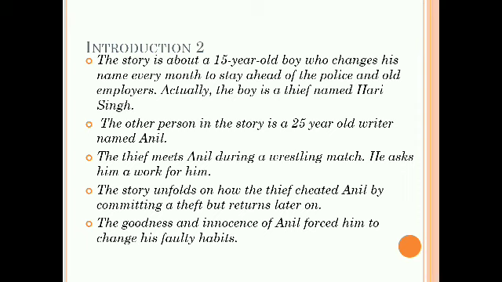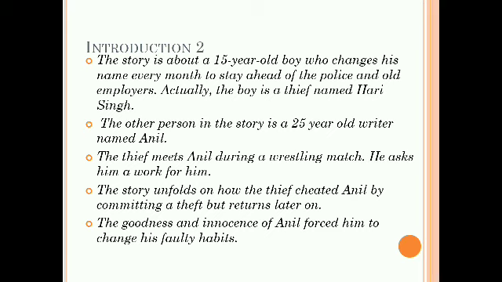So in a nutshell, the story is about a 15-year-old boy who changes his name every month to stay ahead of the police and old employers. Actually, the boy is a thief named Hari Singh. The other person in the story is a 25-year-old writer named Anil.